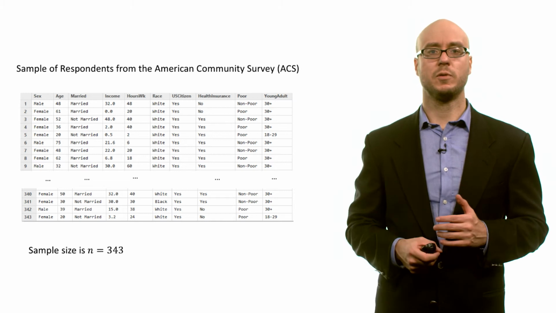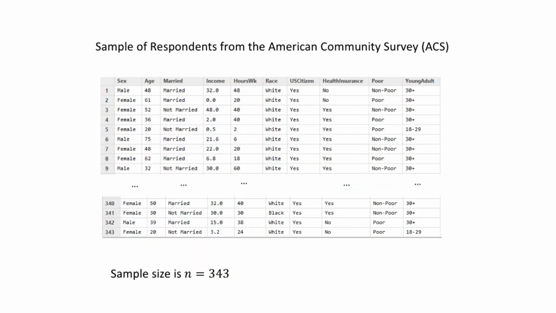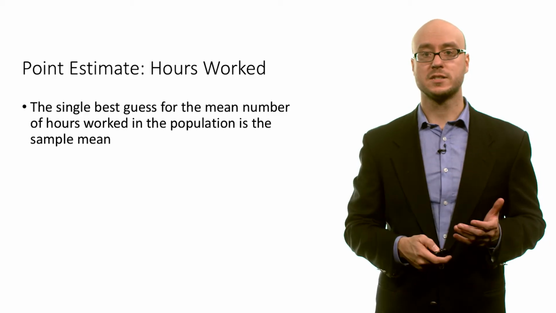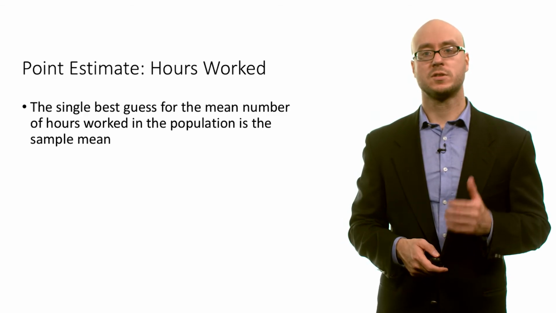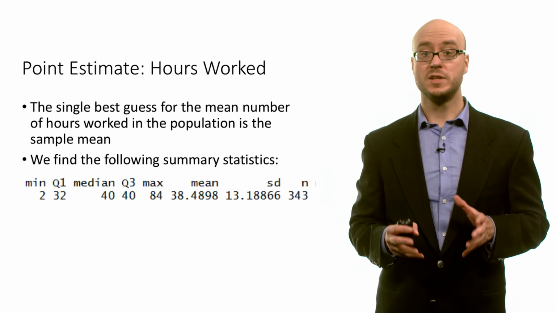They ask lots of great questions. So this is what our data set looks like. This is just a sample of respondents. You can see that the output is truncated, but we have 343 rows, or 343 people. And what we want to do is make some inference. We want to examine what is going on in the population, because we have a point estimate for the hours worked. The single best guess for the mean number of hours worked in the population is going to be the sample mean.